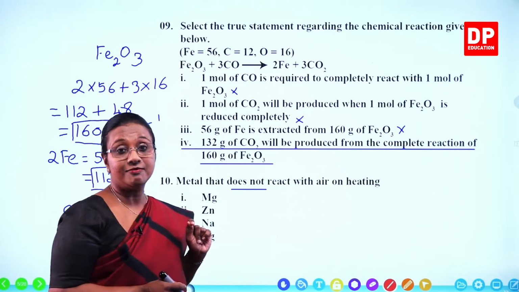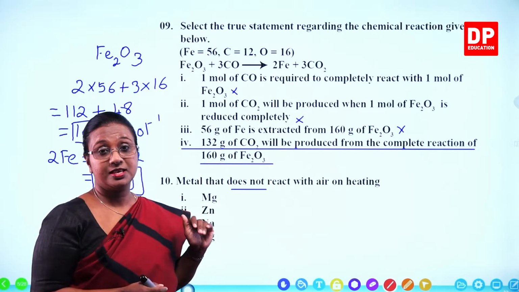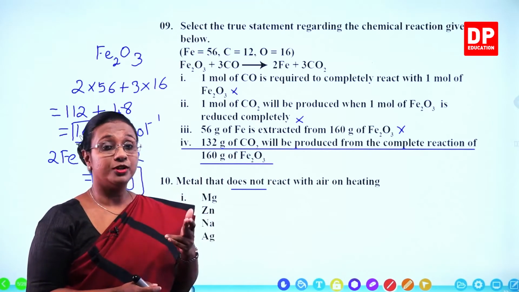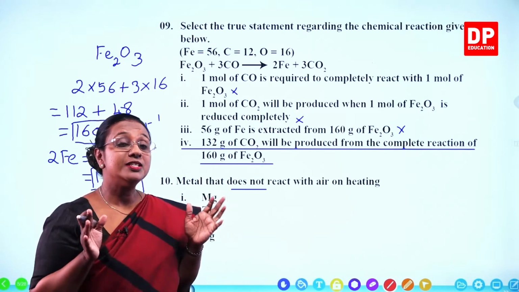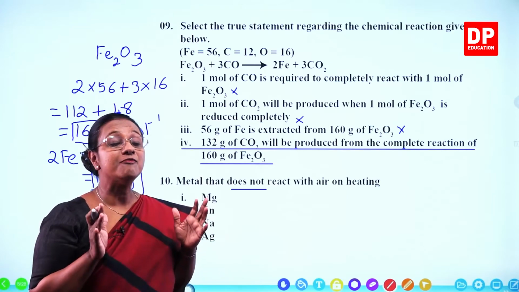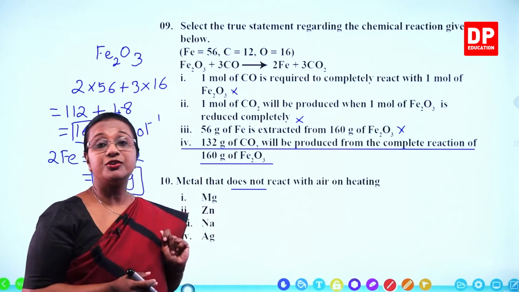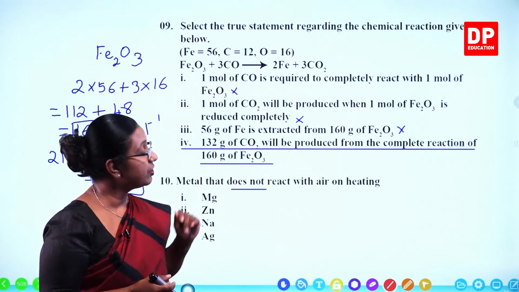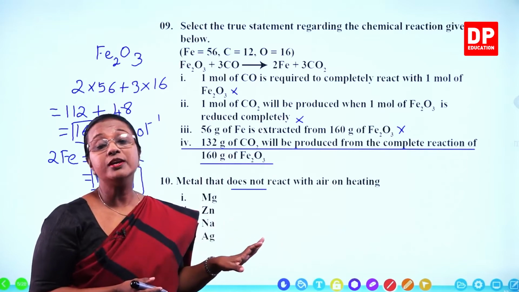If you take silver, the metals at the bottom of the activity series, silver, platinum, gold, what do we call them? They are the native metals. Now these native metals usually are very, very less reactive. So silver does not react with air even on heating. Even if you heat it very strongly, it won't react.